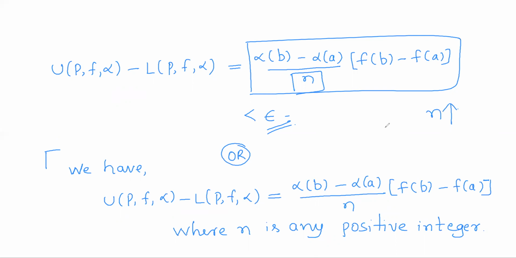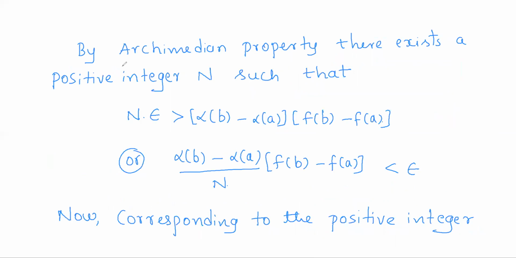Now observe that what we have, UP of alpha minus LP of alpha is equal to alpha of B minus alpha of A into F of B minus F of A by n, where n is any positive integer and P is the partition existing according to the natural number n. Now by the Archimedean property, there exists a positive integer n such that n epsilon is greater than this value.